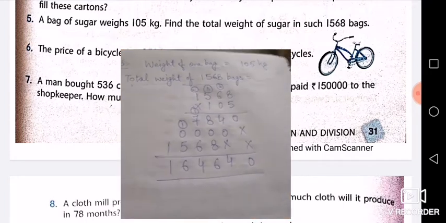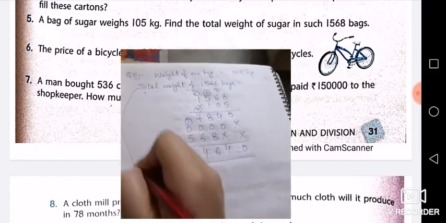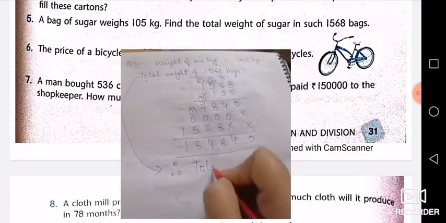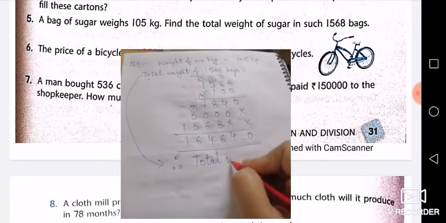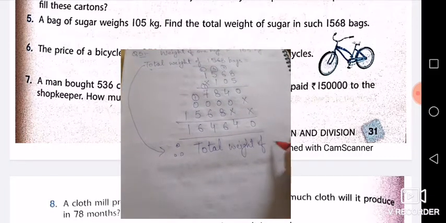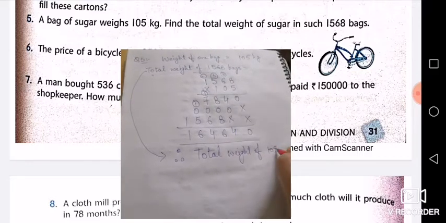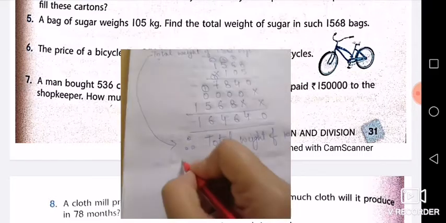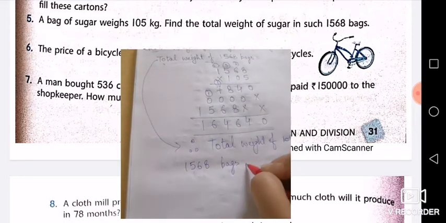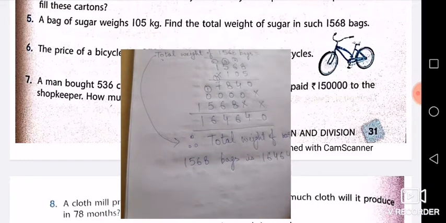Now that is the total weight of 1568 bags, and this last line only you are going to write here. Therefore total weight of 1568 bags of 105 kg is 164640 kg.